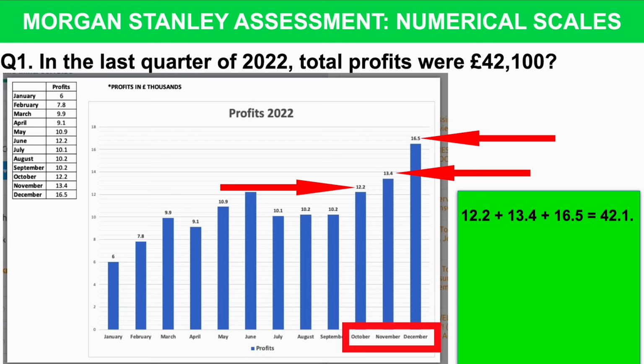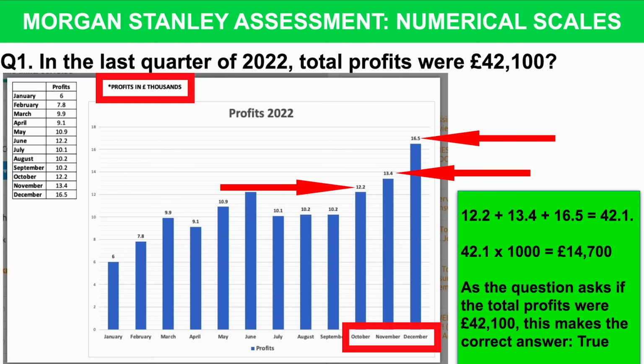And if you are an eagle-eyed viewer, you will have noticed that looking at the tab again, it states that the figures are represented in the thousands of pounds. So to get the answer, we need to times 42.1 by 1000, which gives us a total figure of 42,100. As this question asks if the total profits were 42,100, this makes the correct answer true.